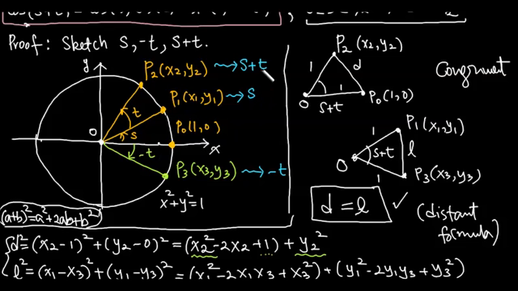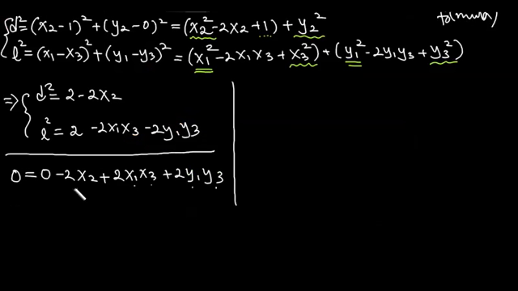So we want cosine of s plus t on one side, and that came from the second point, from s plus t. So I'll move it over here to that side: 2x2 is positive, and 2x1x3 plus 2y1y3.